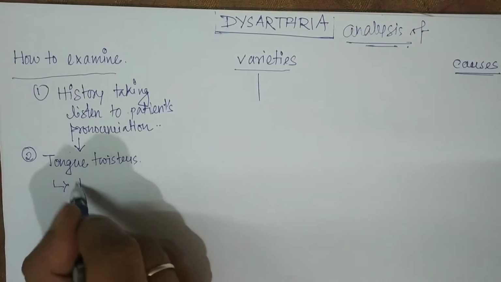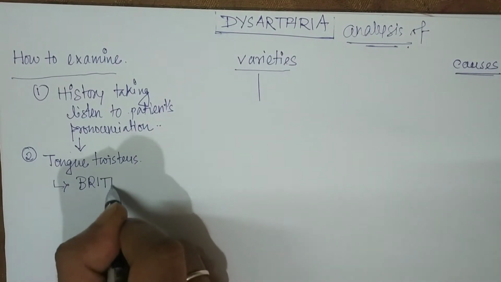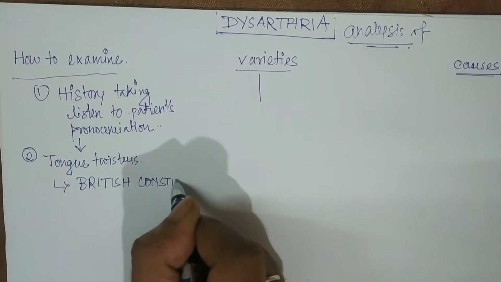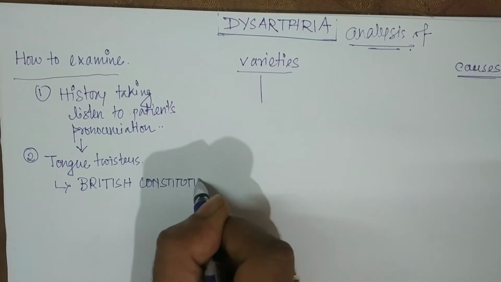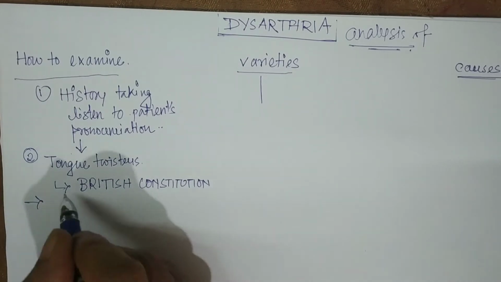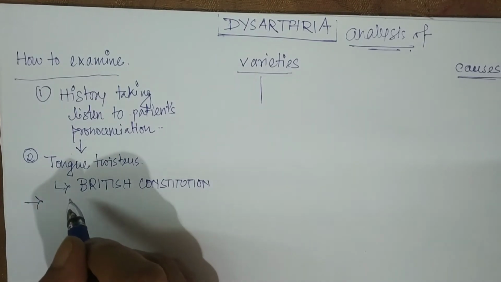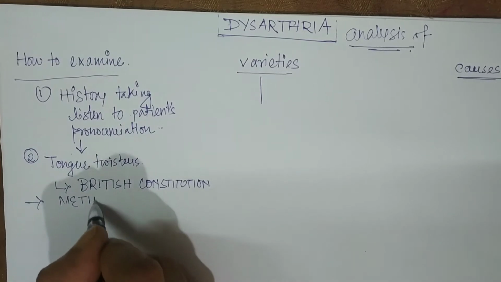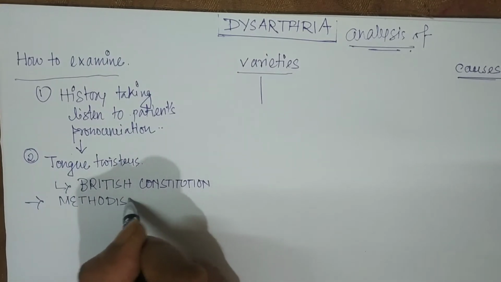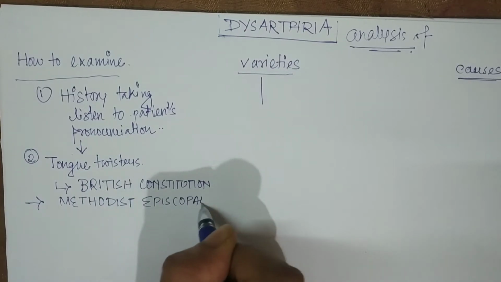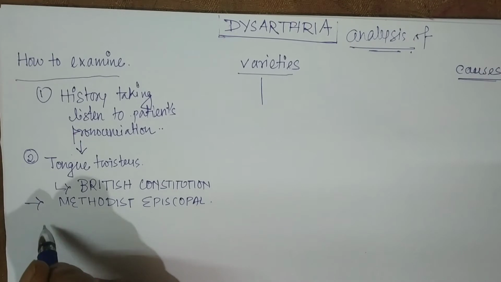One is British Constitution. Another is Methodist Episcopal. Methodist Episcopal. See, even I am having difficulty in pronouncing them.